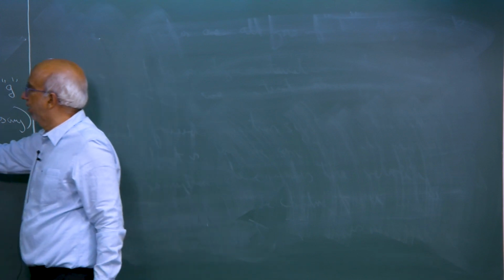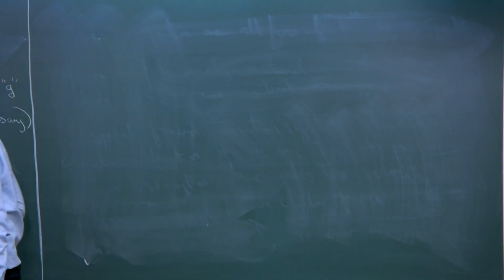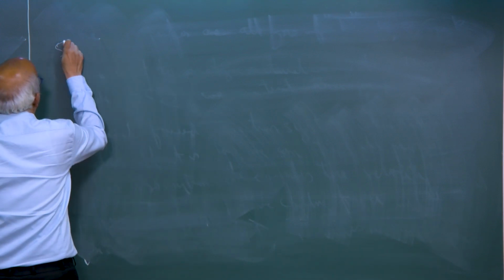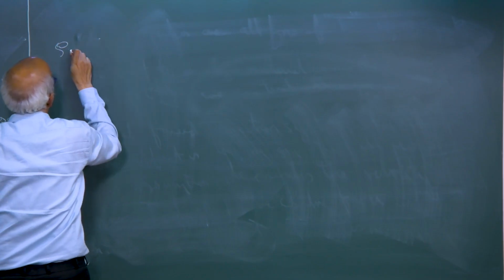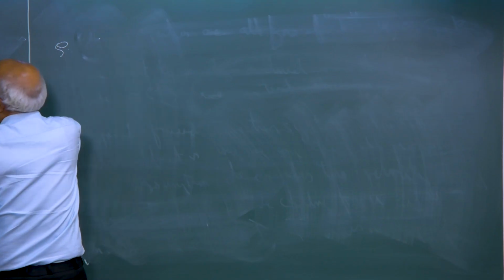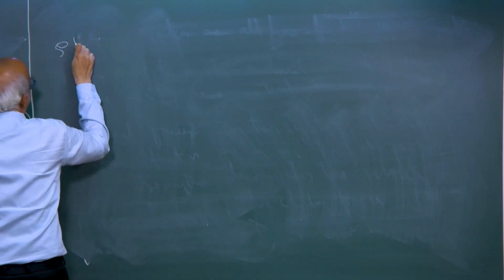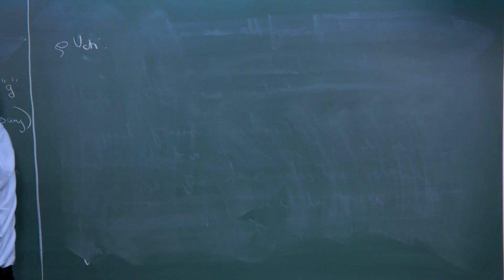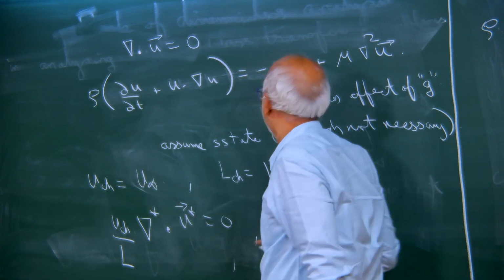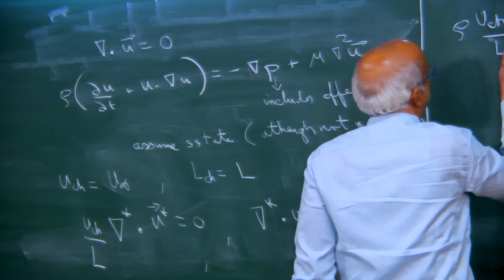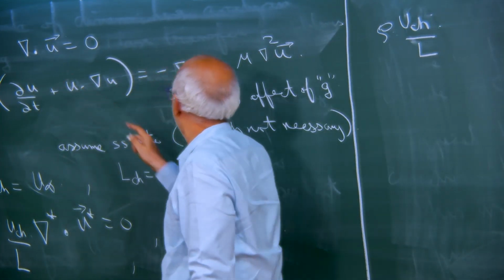I want to make the momentum equations dimensionless. Again, since I made it, so what am I going to get? Rho comes here, this u is going to give me one u characteristic, the del is going to give me L at the bottom, okay, and this u will give me another u characteristic.